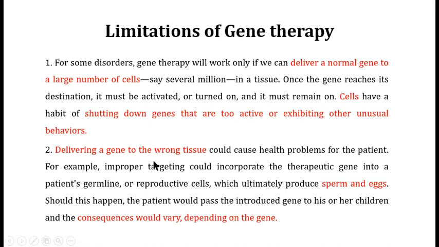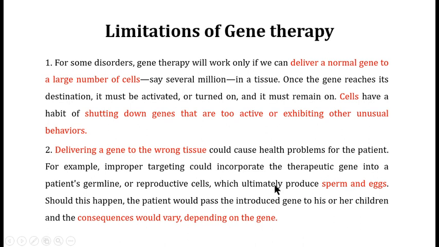Another limitation of gene therapy is that you may deliver the gene to the wrong tissue, because these vector technologies, whether viral or non-viral, are not perfect at the moment, and if they deliver the gene into the wrong tissue, they can cause health problems for that particular patient. The problem is much more serious if the gene is delivered into reproductive cells, like the sperm and the eggs.